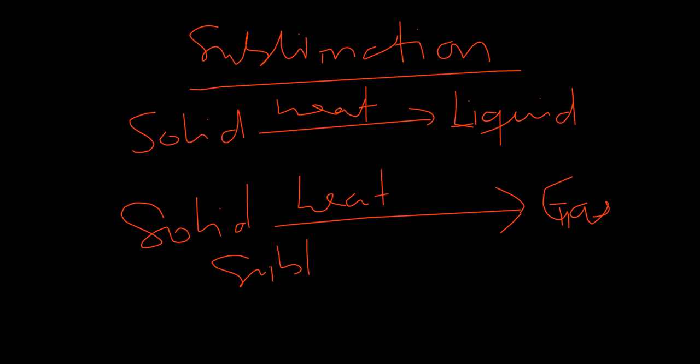Now this method of converting solid directly to gas can also be applied in separating mixtures. The important thing to note is that items that can be converted from solid to gas directly without passing through the liquid state are said to be objects that sublime.